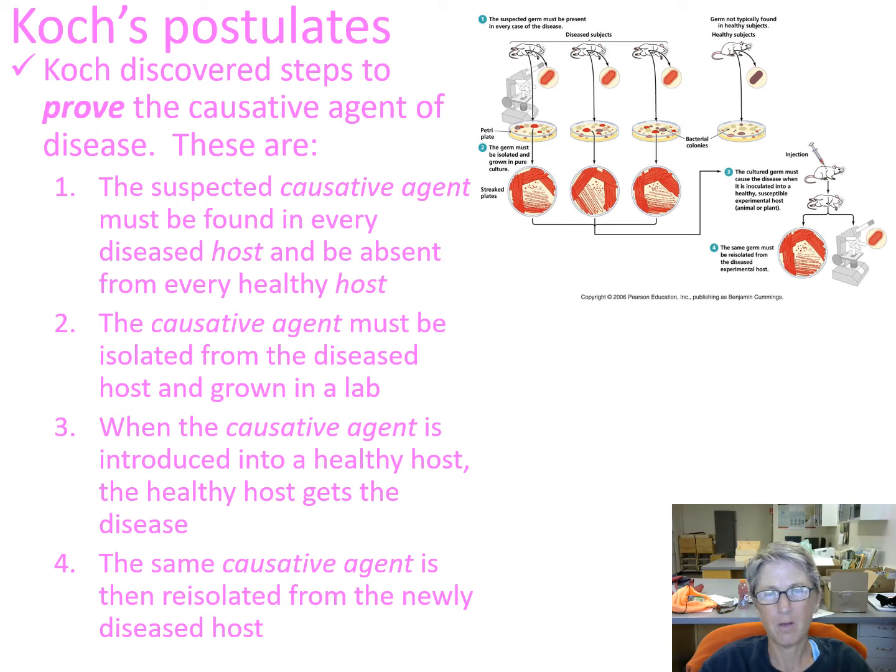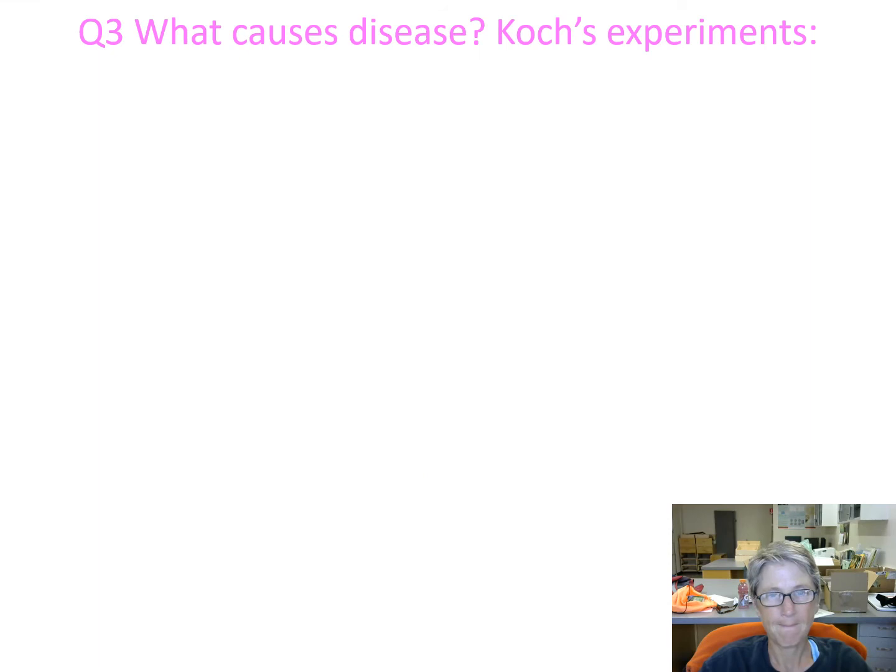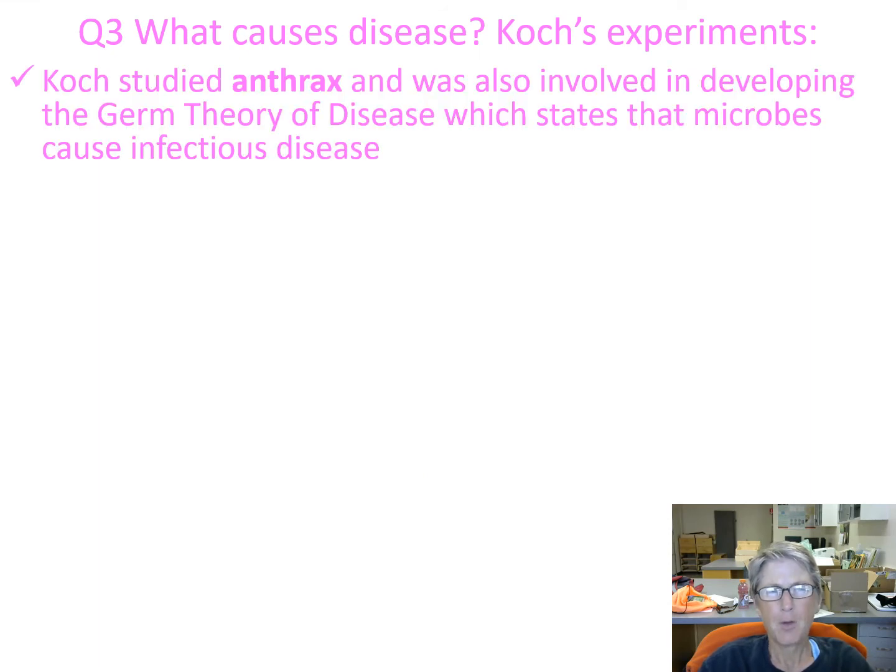And then here's the Koch's postulates written out. Koch discovered steps to prove the causative agent of disease, and these are the 4 steps, and we went over those. But you can pause the video and look at these and write them down if you want to. Koch also studied anthrax.